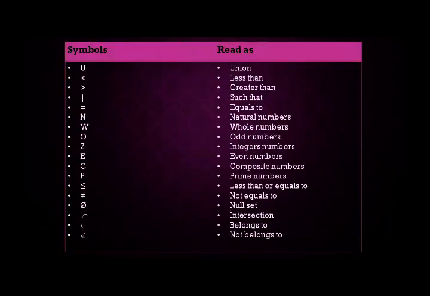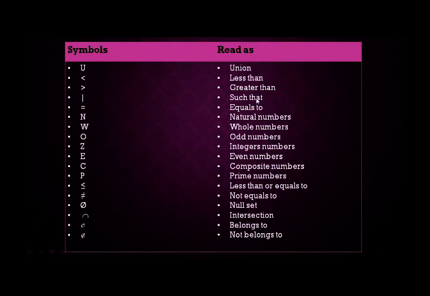Now we have some symbols and how we can read them. So these are the symbols. The first one is U. U represents union. We can read it as union. This sign represents less than. This sign represents greater than.